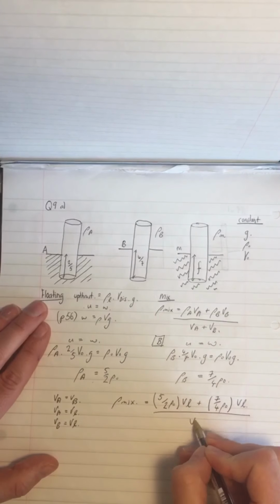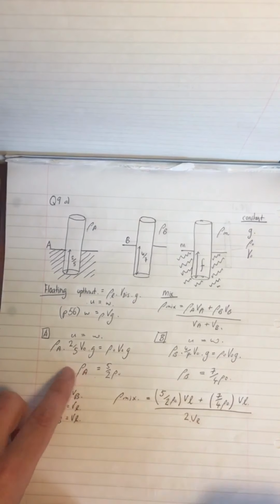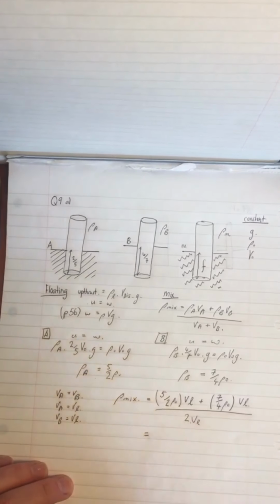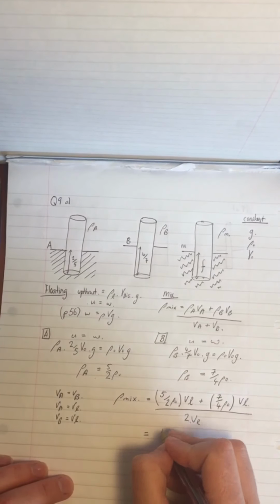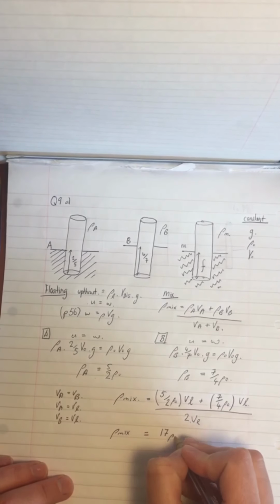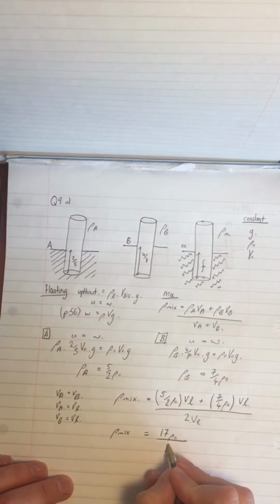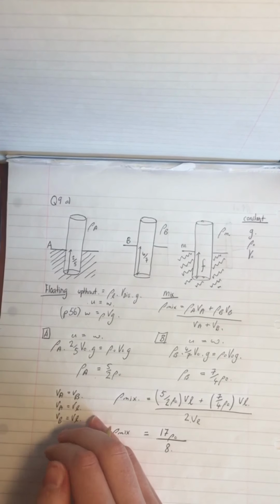So that's all over VL plus VL, or 2VL. It would take a few lines to figure this out, but because I've had it done already, and you will make mistakes if you try to do that straight out, I know that our density of the mixture is equal to 17 rho O over 8.